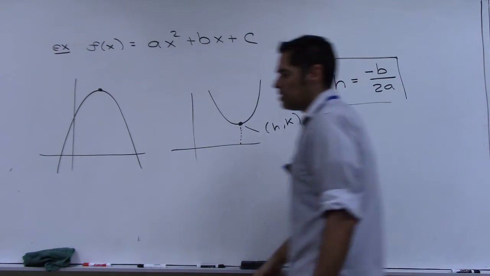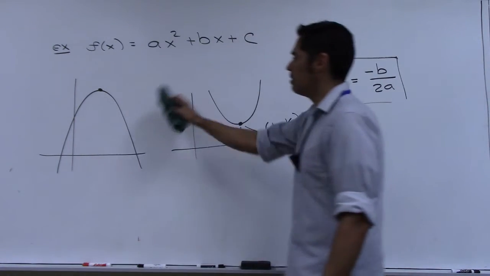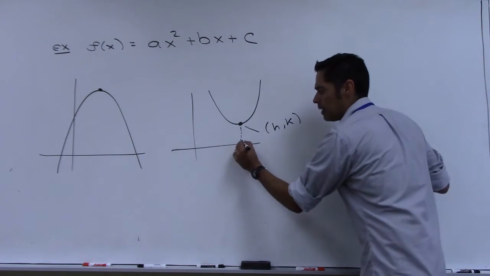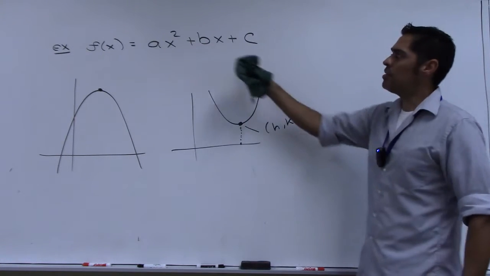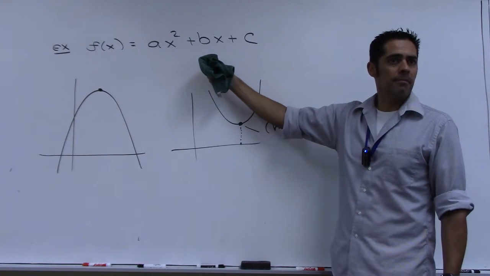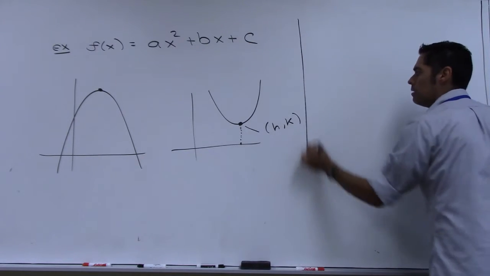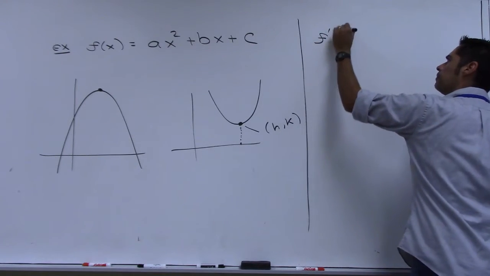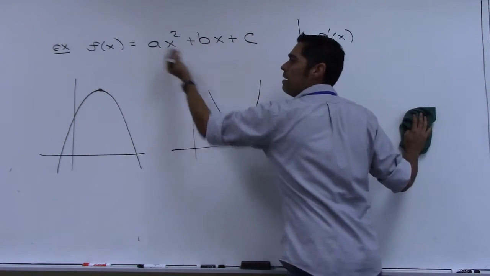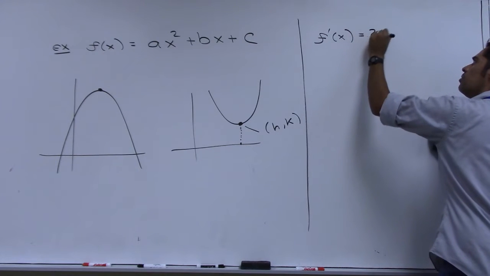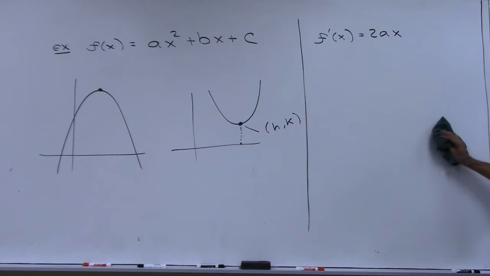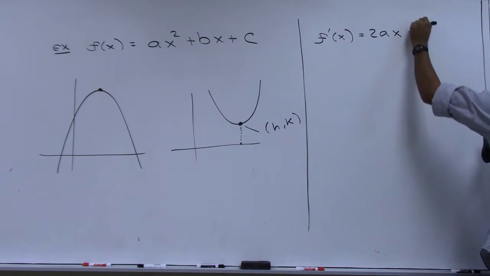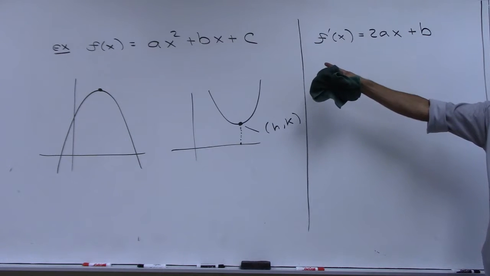So all I'd have to do, if I want to know where this happens and forget this formula is here, and specifically the x value where it happens, is figure out where the derivative of that is 0. So take the derivative. Remember a, b, and c are constants. What's the derivative of that function? Well, the 2 comes out times a, so 2ax, agreed? Plus the derivative of bx, which is b, plus the derivative of c, which is 0.